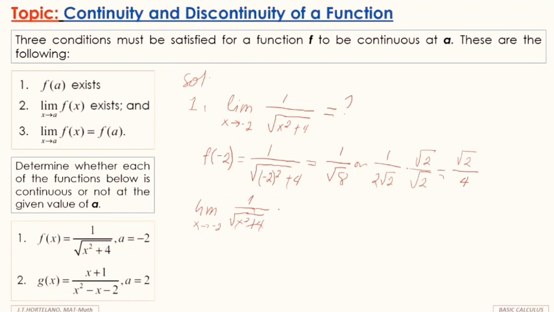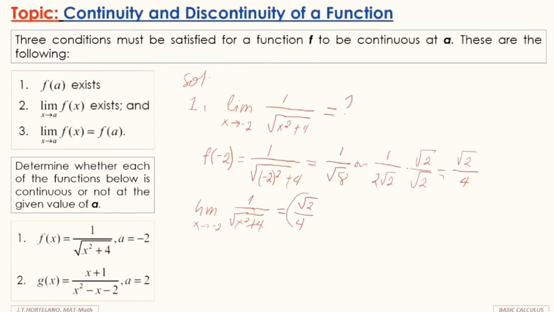Since negative 2 is defined in our radical, kasi kahit anong number na pag in-square mo, actually kahit negative yan, pag in-square mo dito, laging positive pa rin. So, laging ma-define natin. So, in this case, the limit of the function f of x as x approaches negative 2 is still square root of 2 over 4.